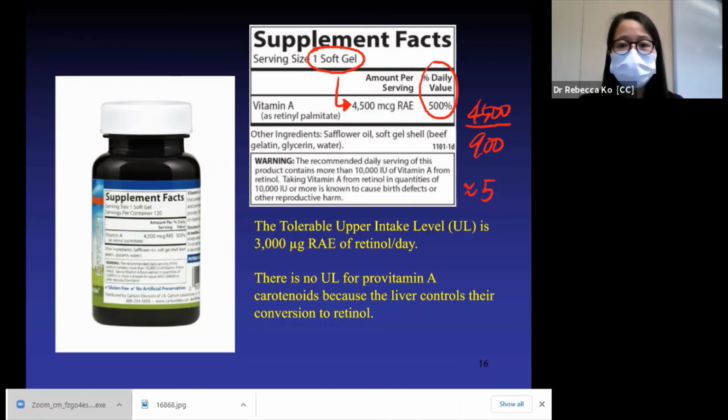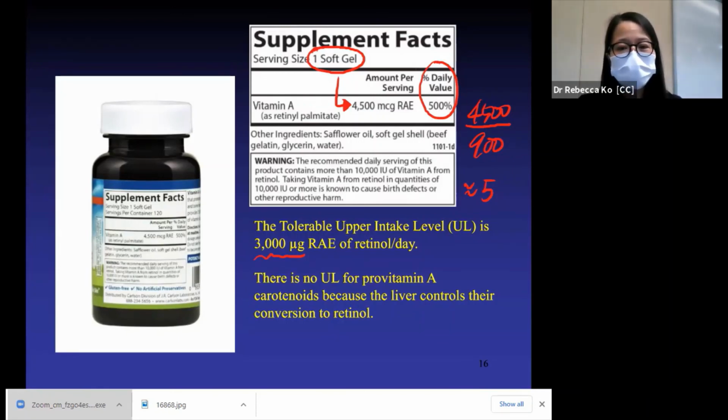But as I said, we can't take in too much vitamin A. The tolerable upper intake level is around 3,000 micrograms per day. So if we take in one gel every day, I think that's too much.